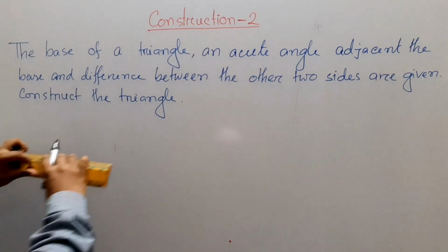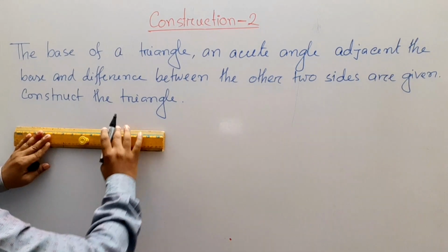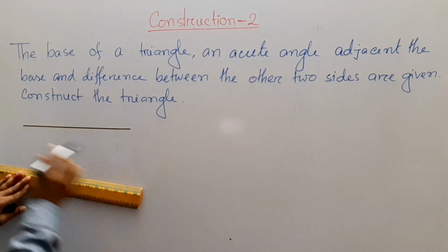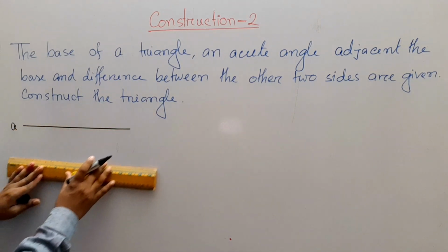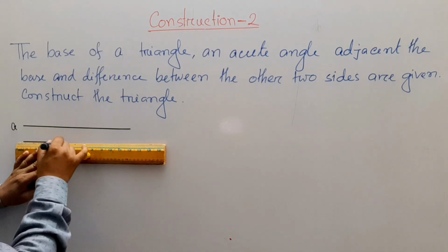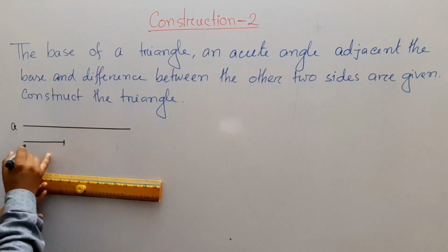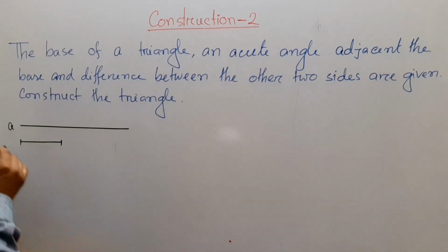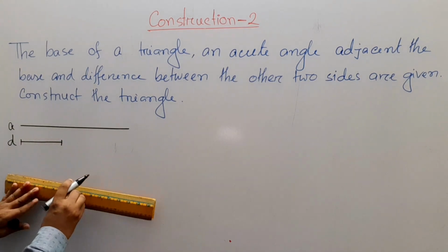Say, this is the given base A, and the difference must be smaller than the base, and this is the difference of two sides. So we will take it small, and an acute angle.